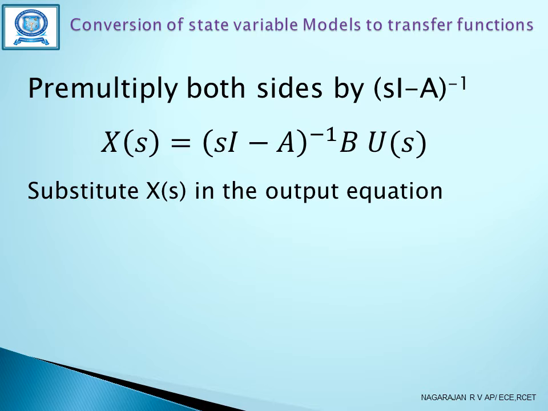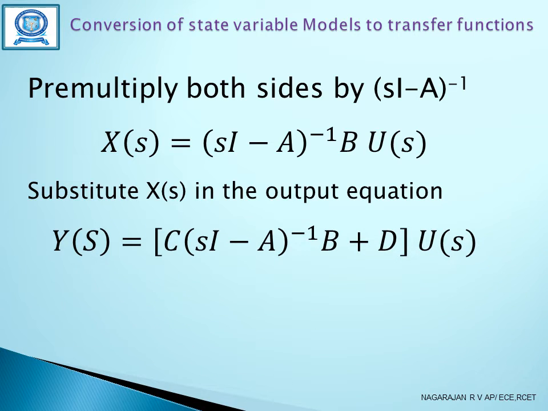Now substitute the X of s in the output equation. We have X of s equal to (sI minus A) inverse B into U of s. If this is substituted in the output equation, we will get Y of s is equal to C into (sI minus A) inverse into B plus D, into U of s.